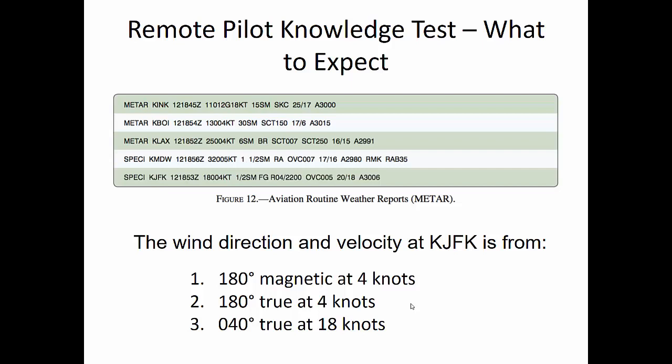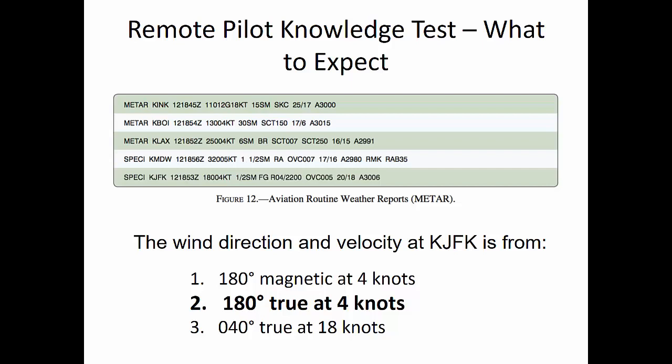That was a little difficult for me, but you've got to understand, like Figure 12 here, it's asking you what the wind direction and velocity at KFJK is, and you can pick out what line of information that is. Then you can see that it's probably 180 degrees there, but is it magnetic or true at 4 knots?